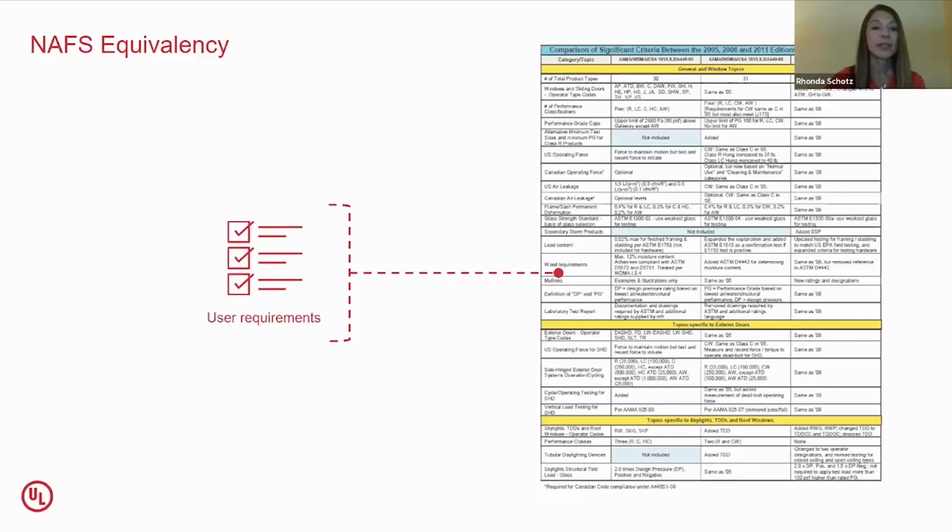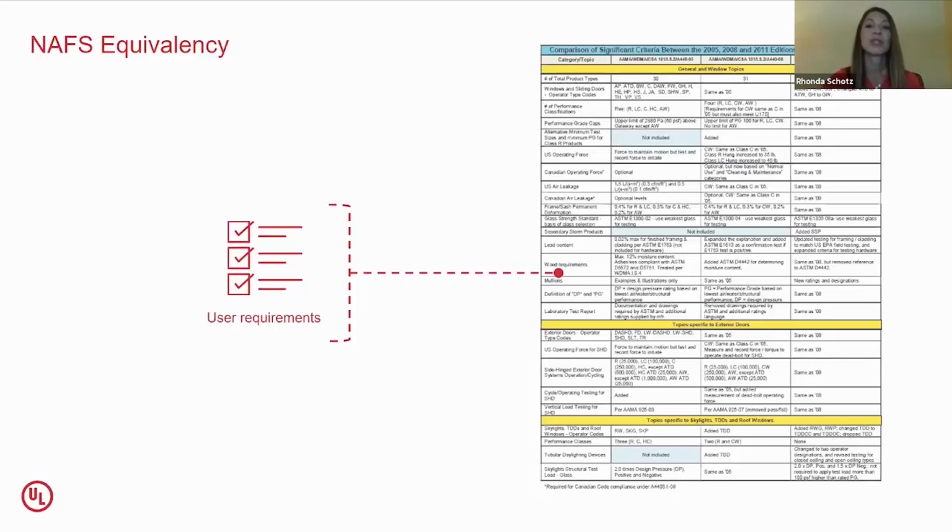This is a comparison chart of the differences between each year of the NAFS standard relating to what changed in each category as listed. Some examples of changes from the NAFS 05 to the 08 to the 11 are total number of product categories. It went from 30 to 31 to 36. The performance class used to be R, LC, HC, and AW.